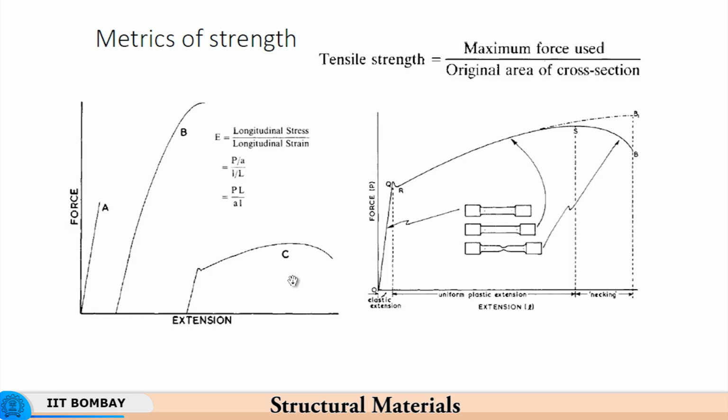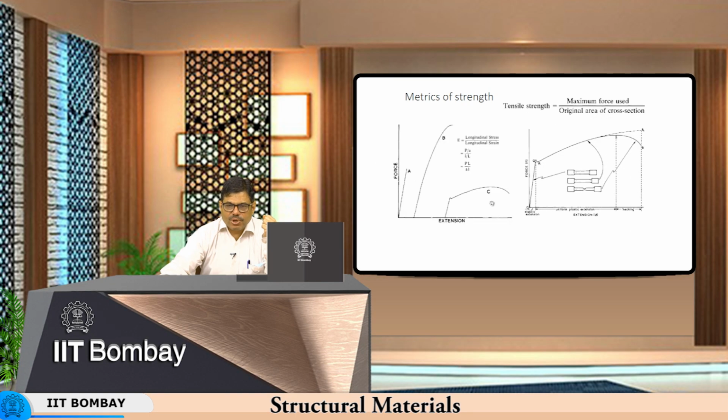So, one of the metrics of strength therefore is Young's modulus, which is the slope of this line, and then the tensile strength, which is the maximum strength that the material can put up to plastic deformation. Because what happens beyond the yield point is that the material starts so called work hardening, the material acquires strength during plastic deformation. So, one of the strengthening mechanisms is plastic deformation. We will see more about it in the subsequent lectures.